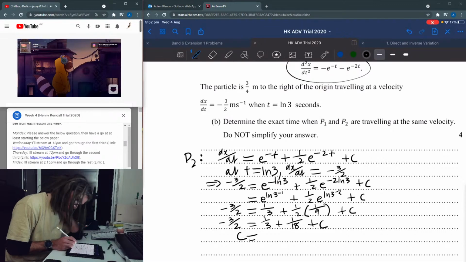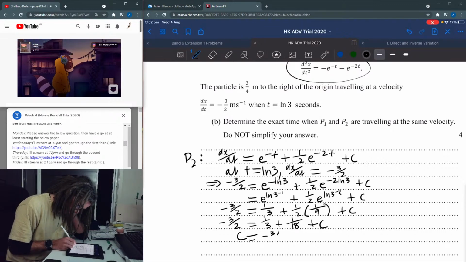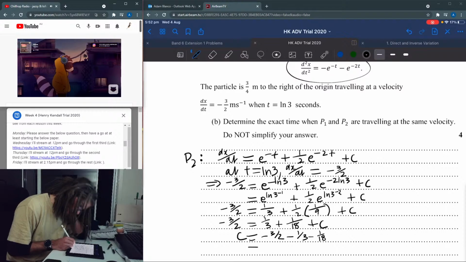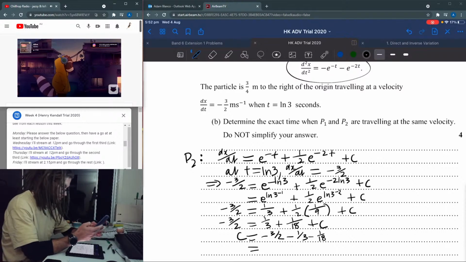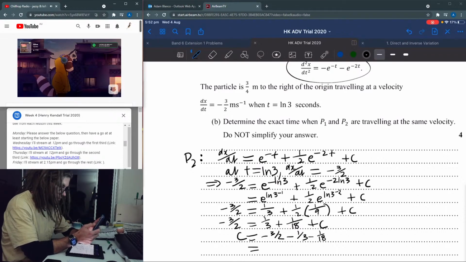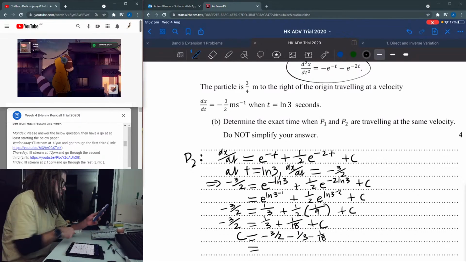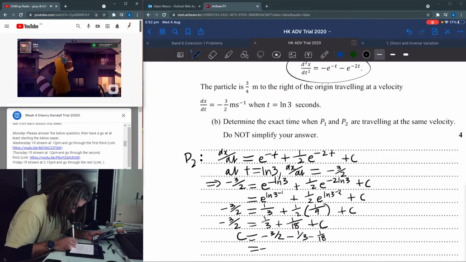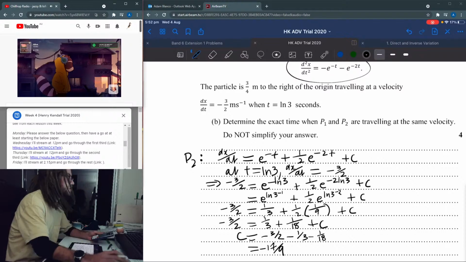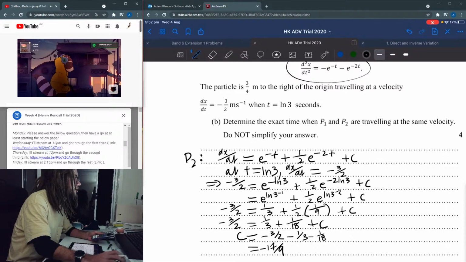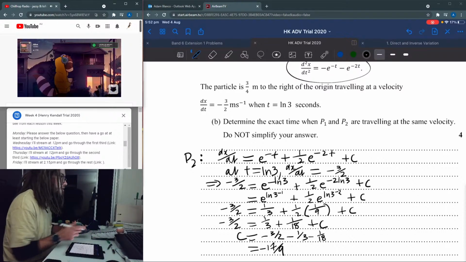C equals, I'm just going to move everything and write it, 3 on 2 minus 1/3 minus 1 on 18, which equals minus 1 on 3 minus 1 on 18, negative 17 on 9. Let's see if that's right. Yeah, it is.